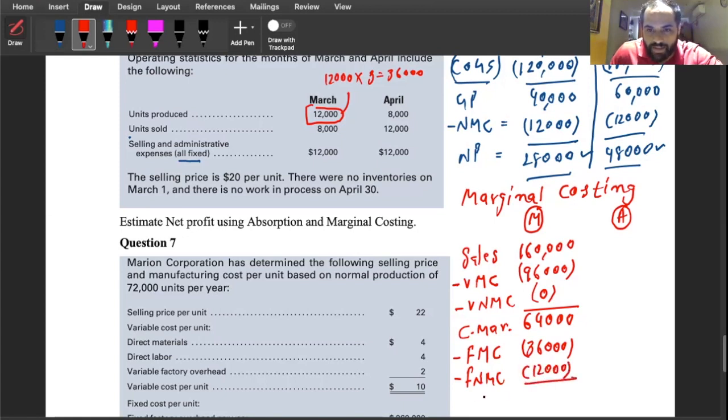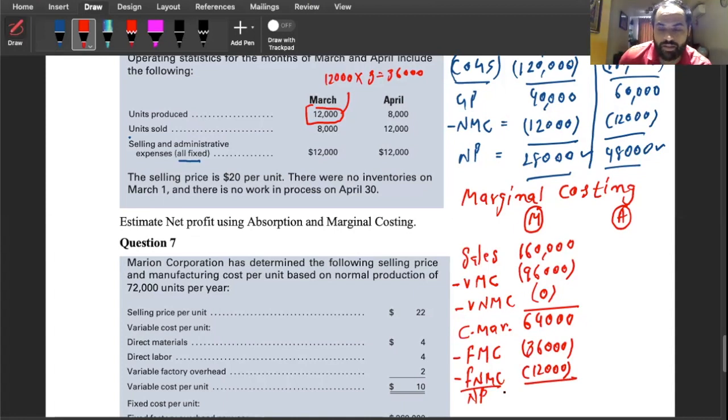So how much is net profit for March? 48? Can you check again?